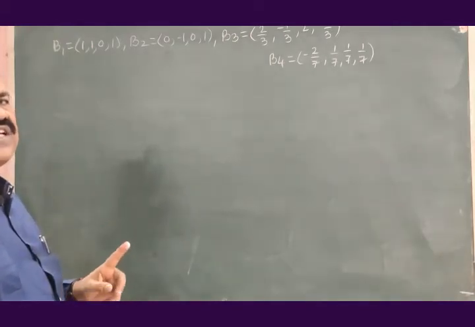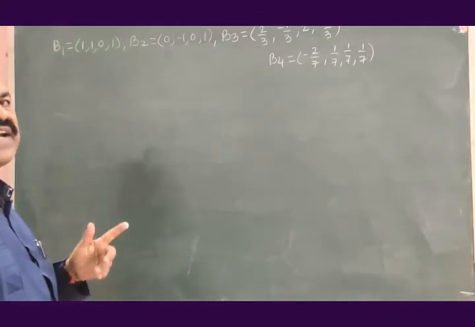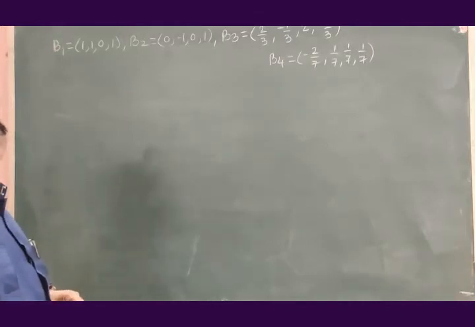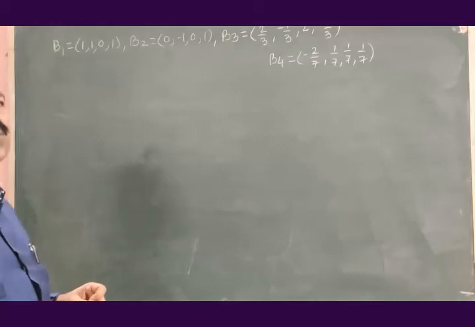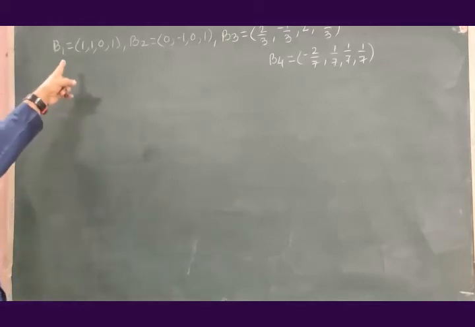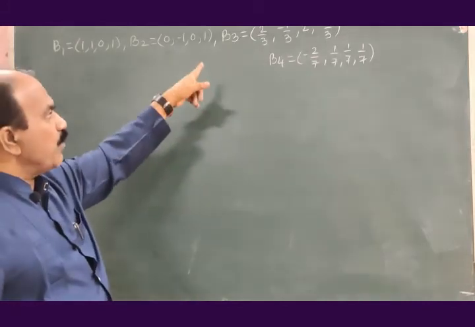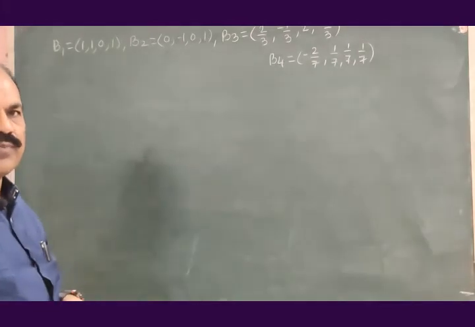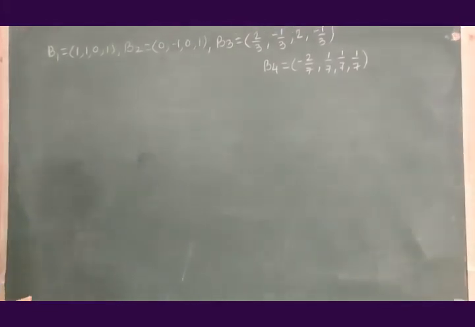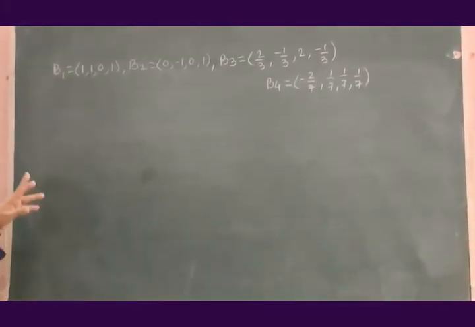We are not interested in orthogonal vectors; we are interested in orthonormal vectors. How to get orthonormal vectors? To get orthonormal vectors, we have to find the norm of B1, the norm of B2, the norm of B3, and the norm of B4. Let me first find the norm of B1.